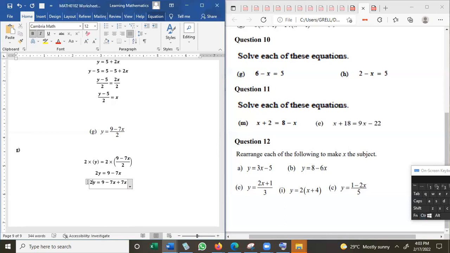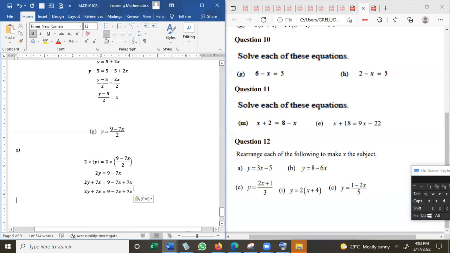Anytime you have a negative x, a negative coefficient, as soon as possible try to ensure that you have a positive coefficient of x. Here we had a negative 7x, so we added 7x on both sides to cancel out the negative 7x.